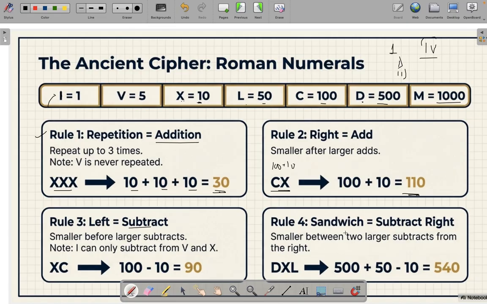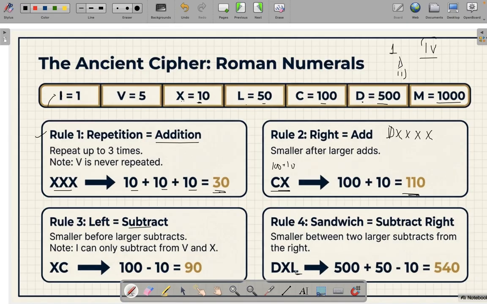And then you have this sandwich, which is where the confusion comes. For example, it is written DXL. You cannot write 540 as D and then 4 X. Can you write it like this? No, sir, because we can't repeat a number in Roman numerals more than 3 times. Very good. That is why instead of using D and 4 X, you use DXL.